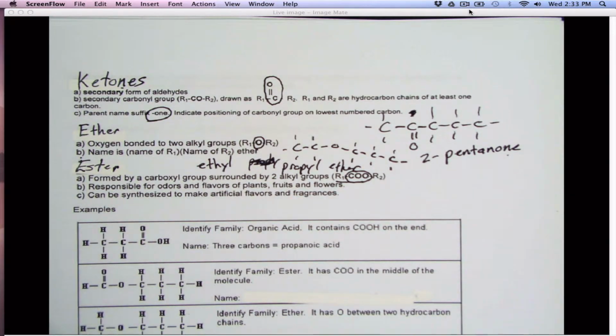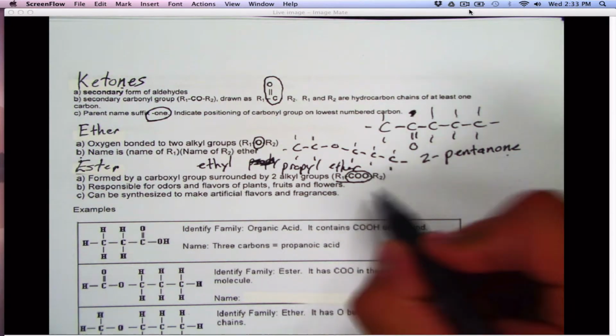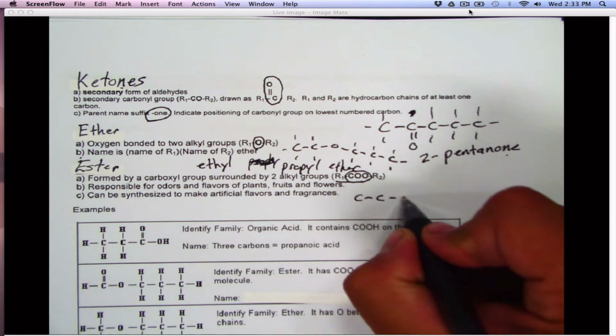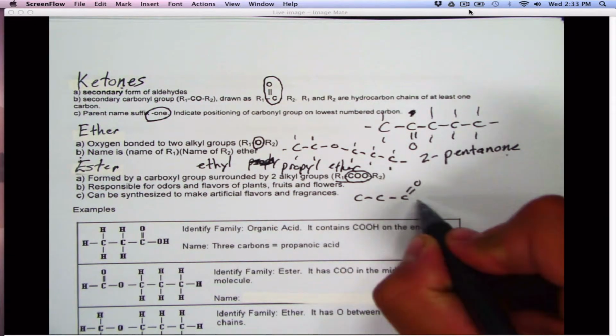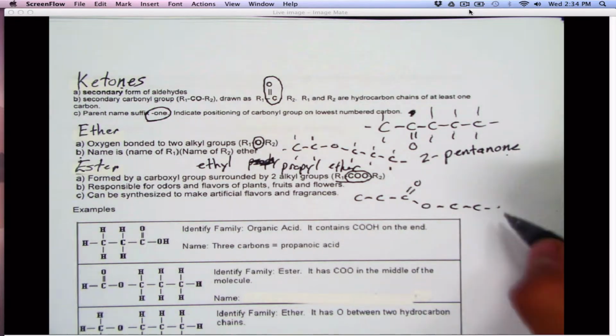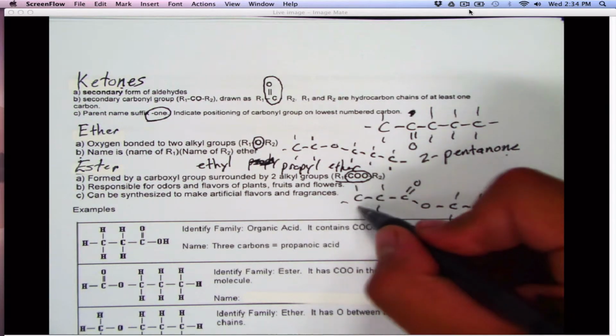How it's going to work out is this. Basically what you do is you name one side and name the other. So let's say we go 1, 2, and then we have our double bond to an oxygen, and then we have our sandwiched oxygen, like that. Remember there's hydrogens here, which I'm not going to draw, but they're there.